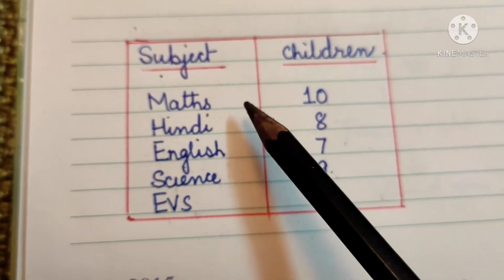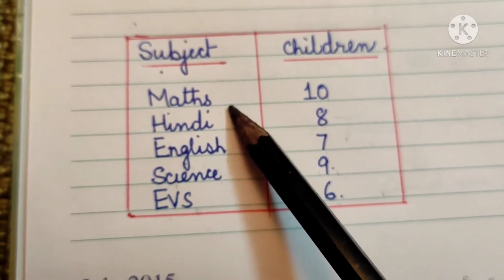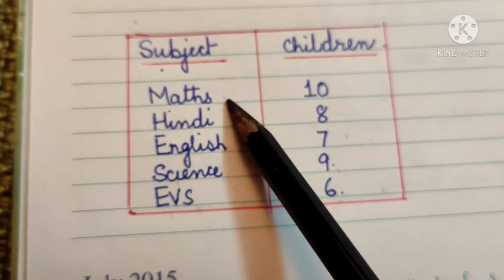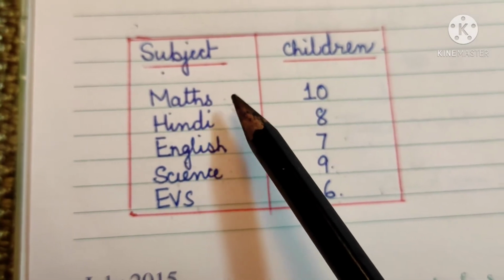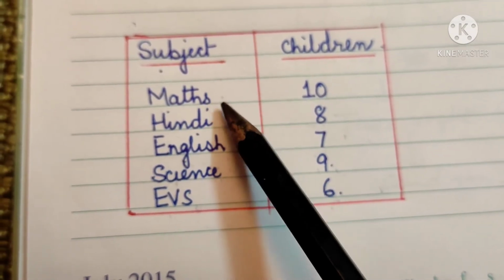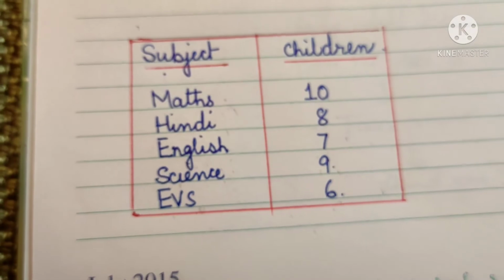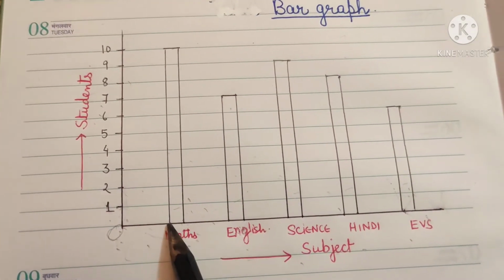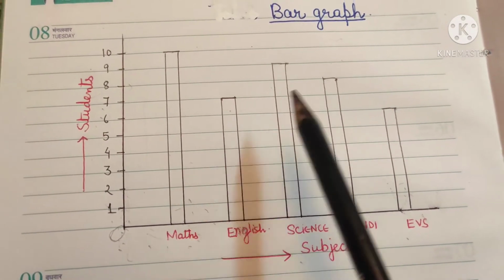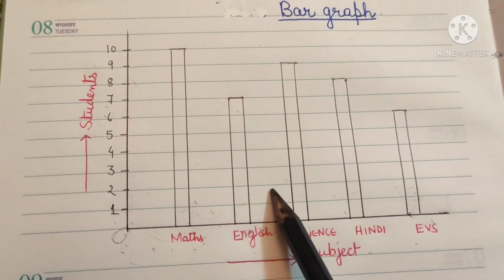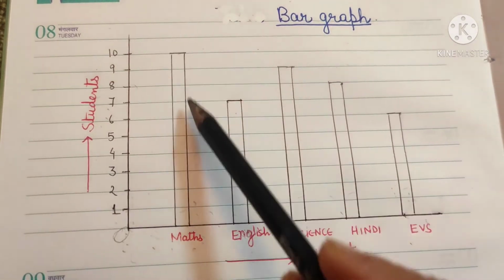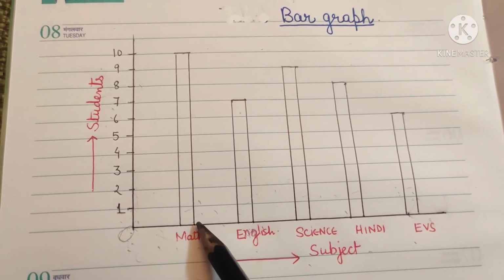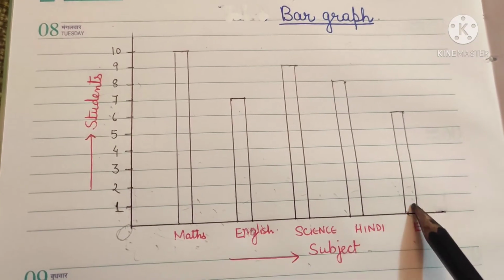And from this table, you can easily tell which subject is the most favorite subject of your friends. Children, here I have represented the same information in a bar graph. These are rectangular bars having equal width.